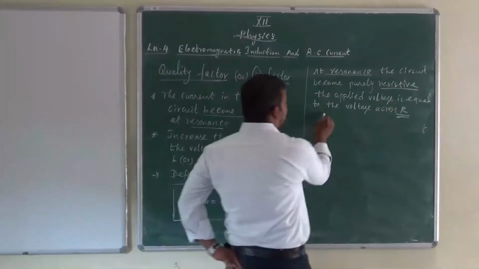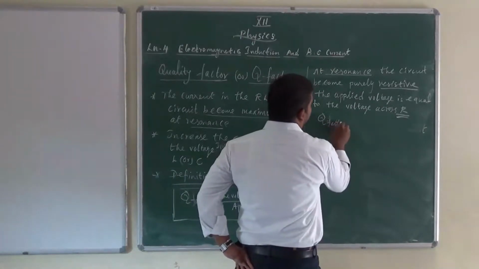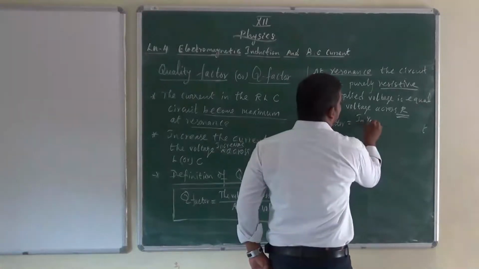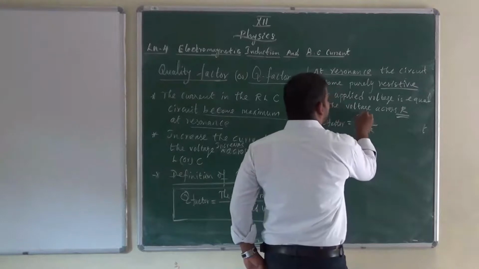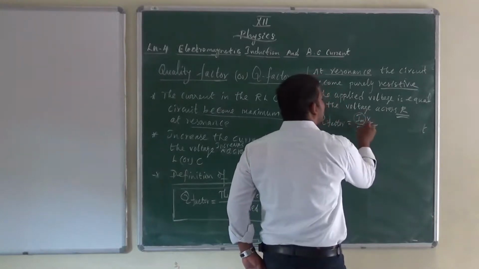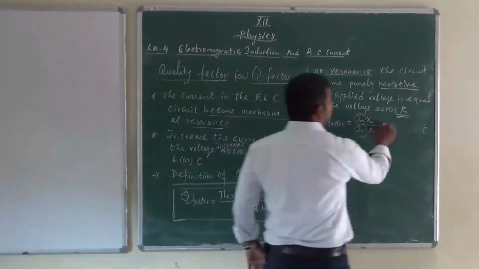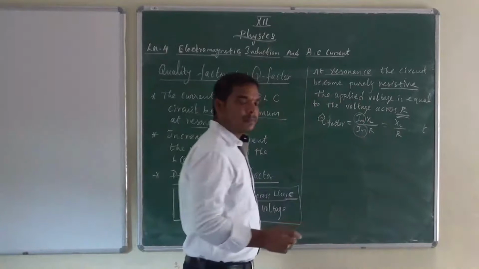So the quality factor, Q factor, can be written like this: Im into XL divided by Im into R. What is Im here? Im means maximum current, isn't it? We have discussed that. So it is equal to XL divided by R. Any doubt?